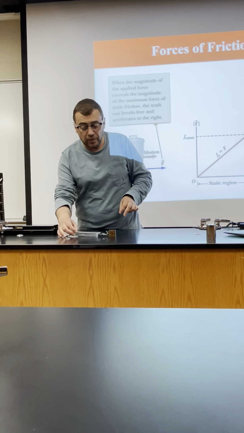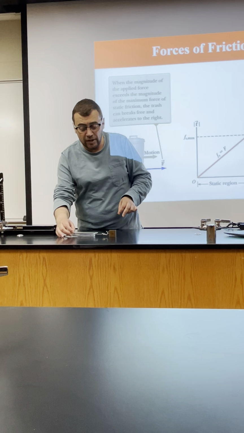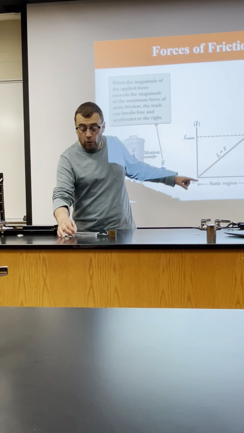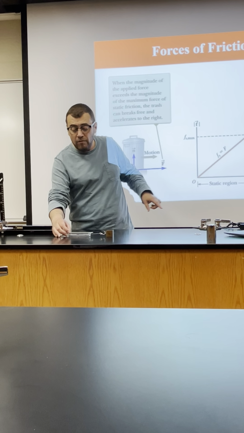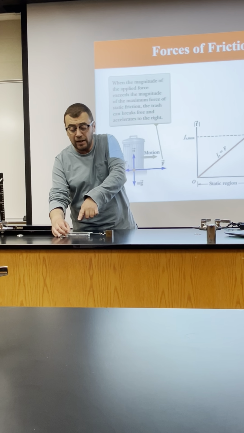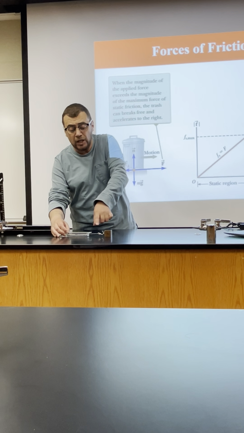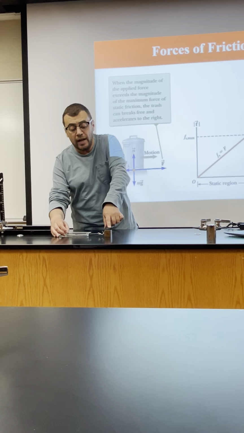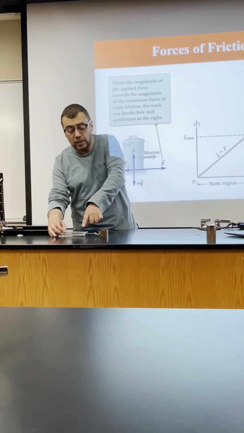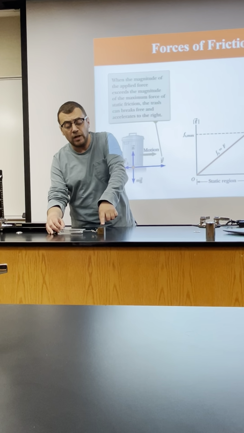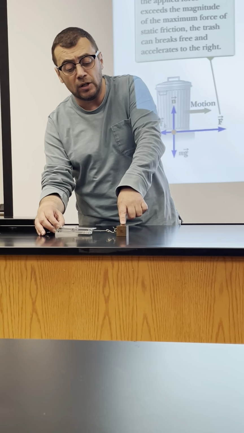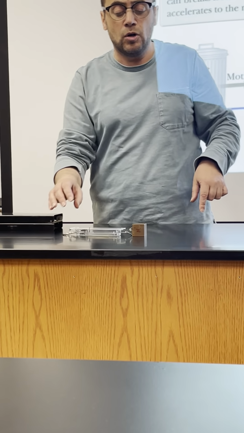You will see at the beginning the force increases to reach a maximum value. The maximum value of the spring scale indicates when that block starts sliding. You will also notice that this value decreases whenever that block starts sliding.